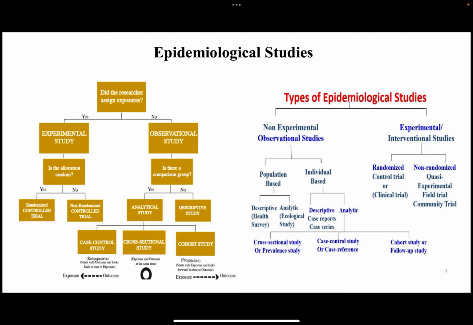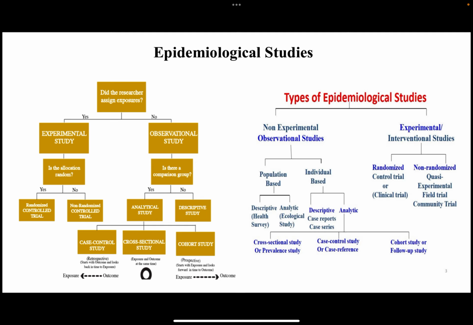Two groups are going to be created. One group will be given the medication, another group will not. Then we study the two groups and draw conclusions from the outcomes, to say that the medicine is effective or not effective, or the intervention is effective or not effective.